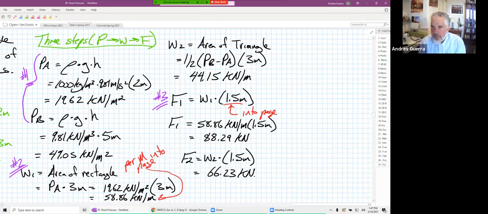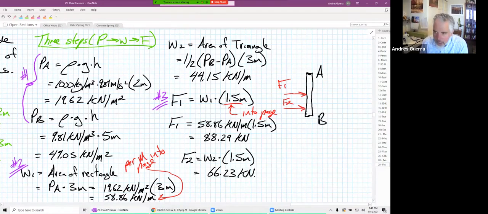Now, what we have at this point is this gate from A to B, and we know that there is an F1 that's acting right here and an F2 that's acting right there. If we wanted to find the reactions at A, we know where F1 is, it's at 1.5 meters.